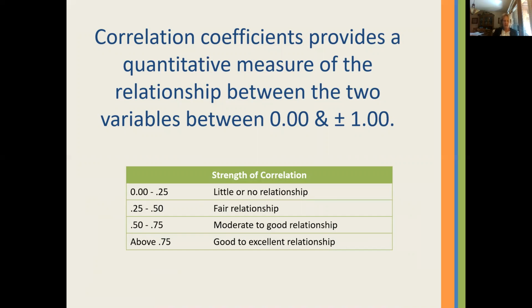Anything above 0.75 is considered good to excellent. And we can also have the same strength of negative correlations that correspond to this. It's just that you have a negative value in front of your numbers.